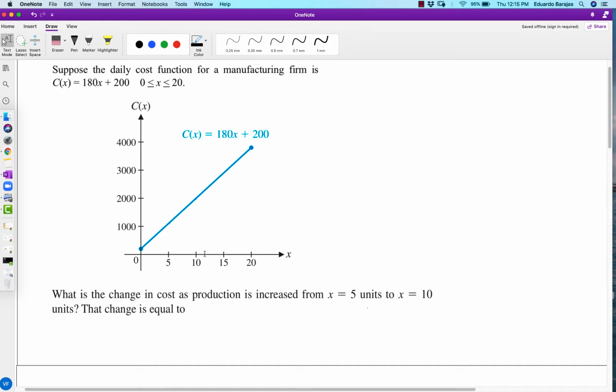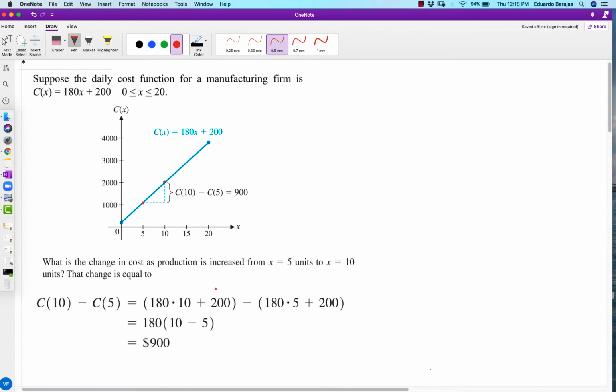Here, at least pictorially, we see that we go from 5 units to 10 units. If we evaluate our function at x equals 5, we figure out what the cost was at 5, then put in a 10 and figure out what the cost is at 10, and then if we subtract them, we'll get our answer. So the work looks like this.